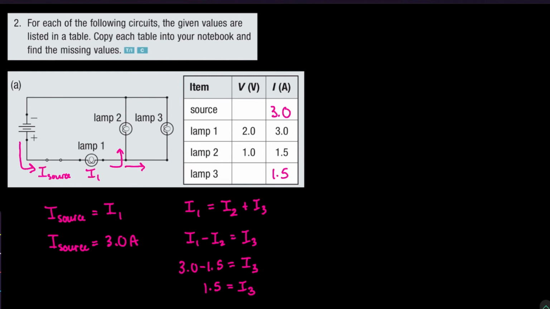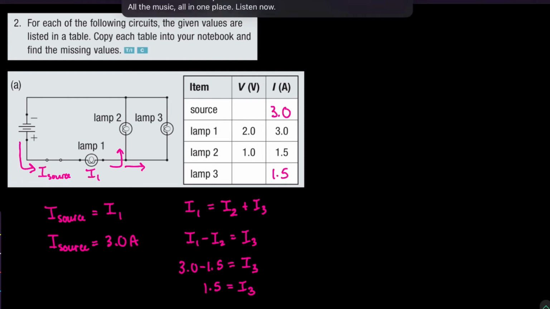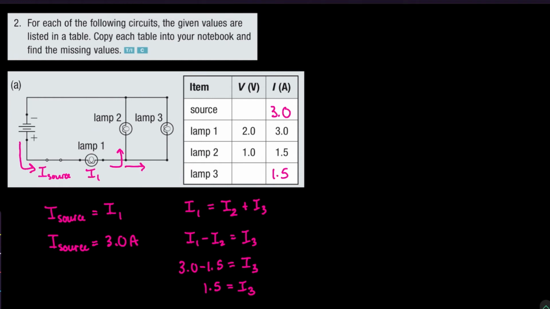Now let's look at the voltage drop. So remember, the voltage drop from the source has to be lost in each of the following closed paths.